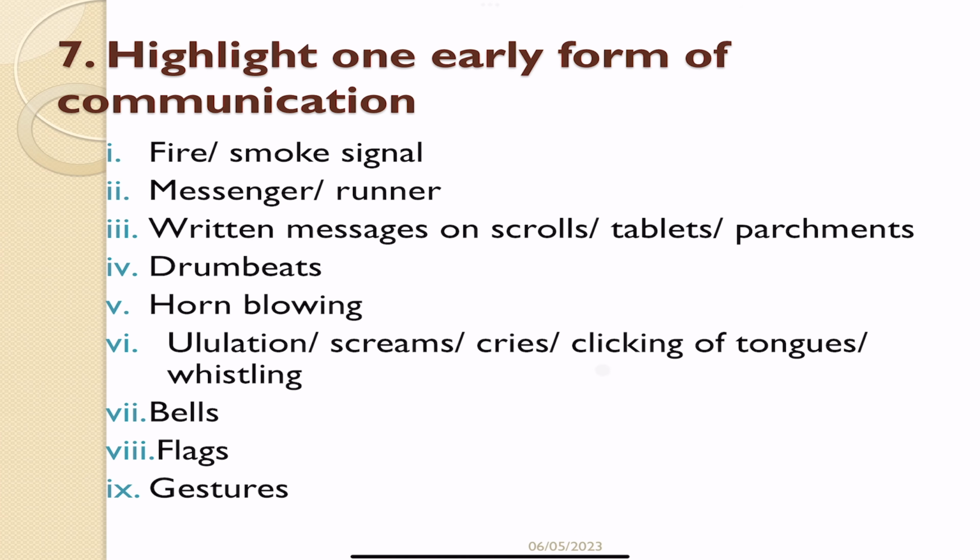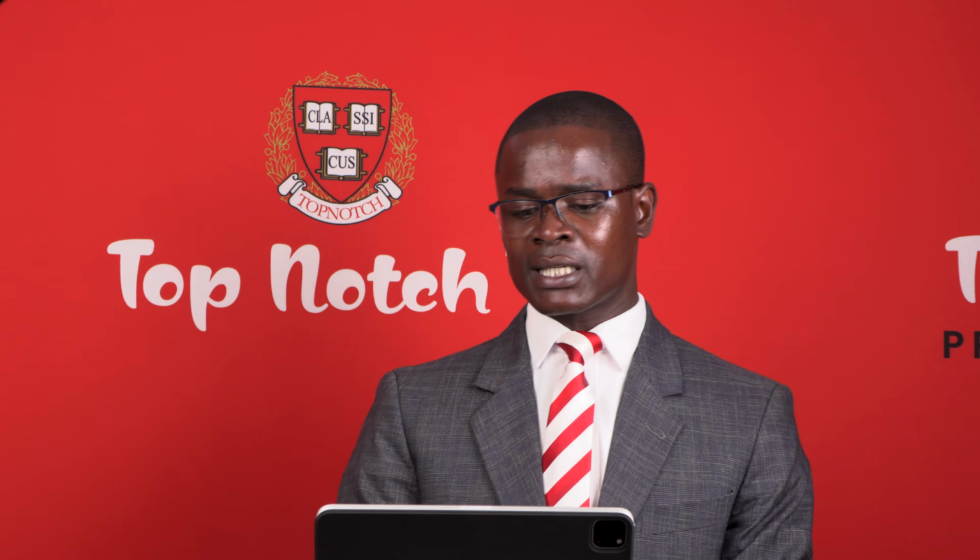Now, let me highlight 1 or 2 things about point number 3. We have those early forms of written messages. We have scrolls, like for example, what the Old Testament prophets used to record the visions and the prophecies that God would give them to speak to the people.